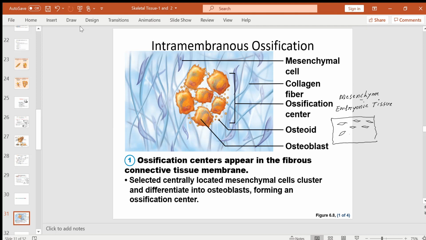So these are the fibroblasts. Okay, now that is step 1.